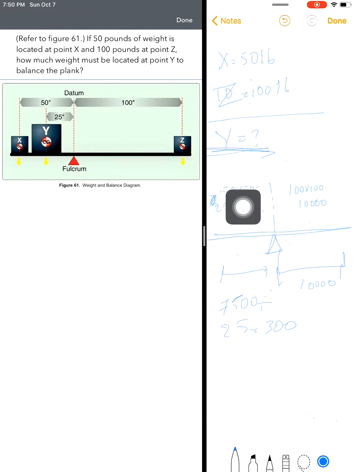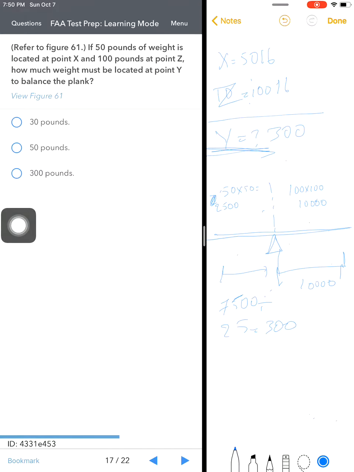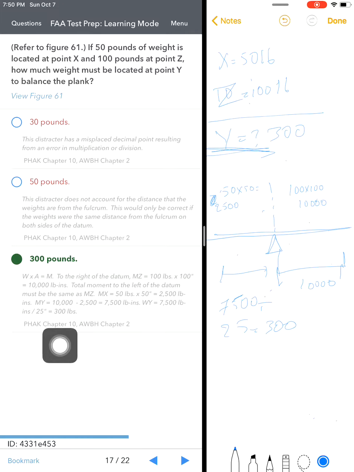So we need 300 pounds at the Y position to balance the fulcrum. Exactly 300 pounds. Alright, good. Hope you understood. Otherwise, rewind the video and keep watching it a million times.